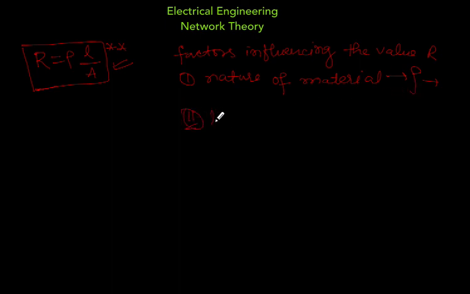And the second most important parameter which affects the value of resistance is temperature. For conductors, resistance increases as temperature increases, while for insulators or semiconductors, resistance decreases while temperature increases.